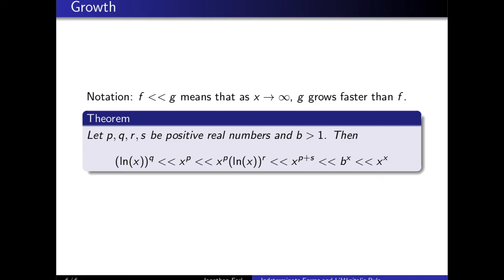So some examples of growth rates. If you take a natural logarithm and you power it up as much as you like, that's going to be smaller than a polynomial term. So natural logarithms are about the slowest growing thing there is. They'll go to infinity eventually, but they're incredibly slow in getting there.